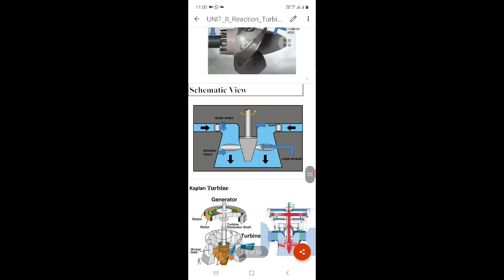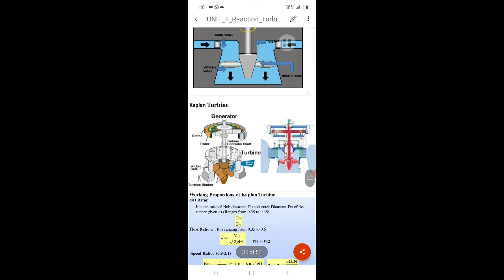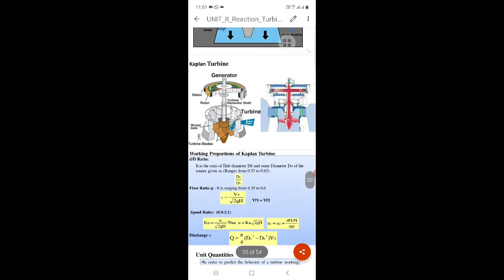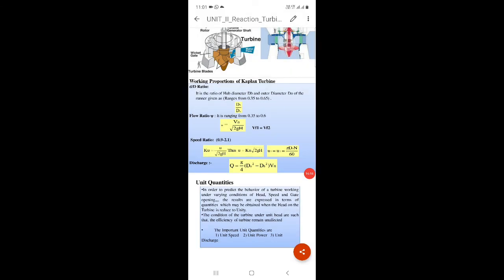This is a rotor and stator. This is a pictorial view of how water comes from the penstock and how it impacts. This is working proportions and unit quantities. So today we have seen the Kaplan turbine. In the next lecture we will see draft tubes and cavitation.